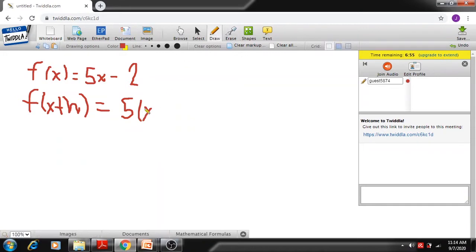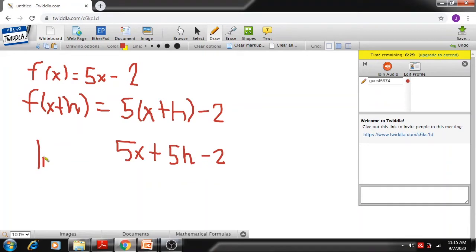My handwriting isn't really good, especially on a computer when I don't have a stylus. Anyway, I digress. So 5 times x plus h minus 2, distribute 5 to x and h. You will have 5x plus 5h minus 2.